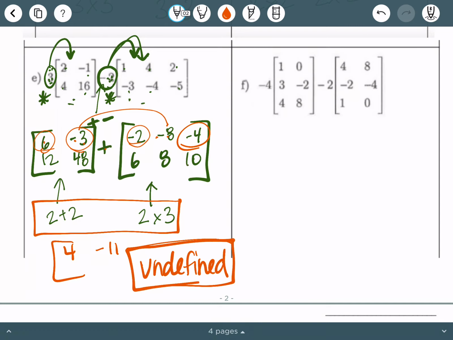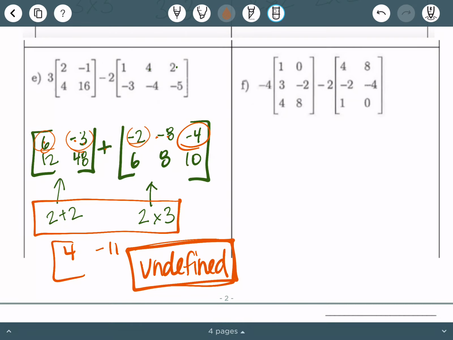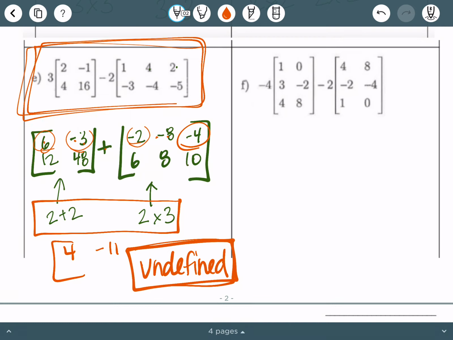If I had been working smarter and not harder, I would have recognized way back here. Let's go ahead and erase all my work. Way, way, way back here, when I saw this first step, I could have gone straight from here to here because I could have remembered that a 2 by 2 can never be added or subtracted to a 2 by 3.